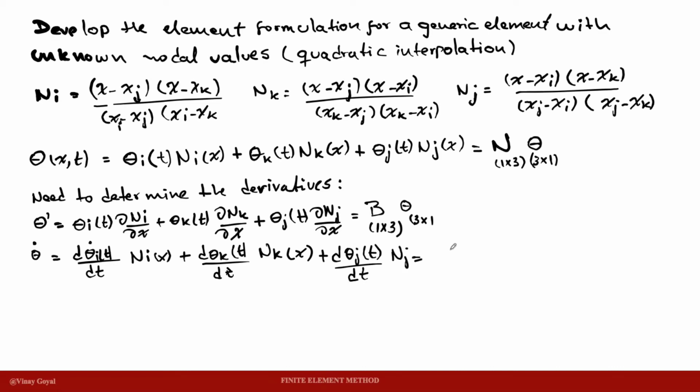In matrix form, we have a vector 1 by 3 with all the shape functions, and another vector 3 by 1 containing all the derivatives of the coefficients.